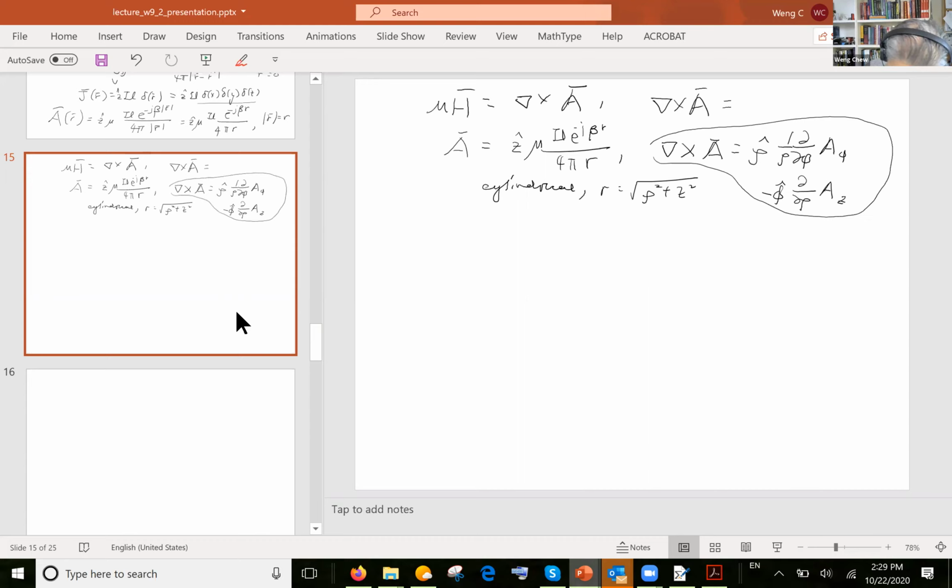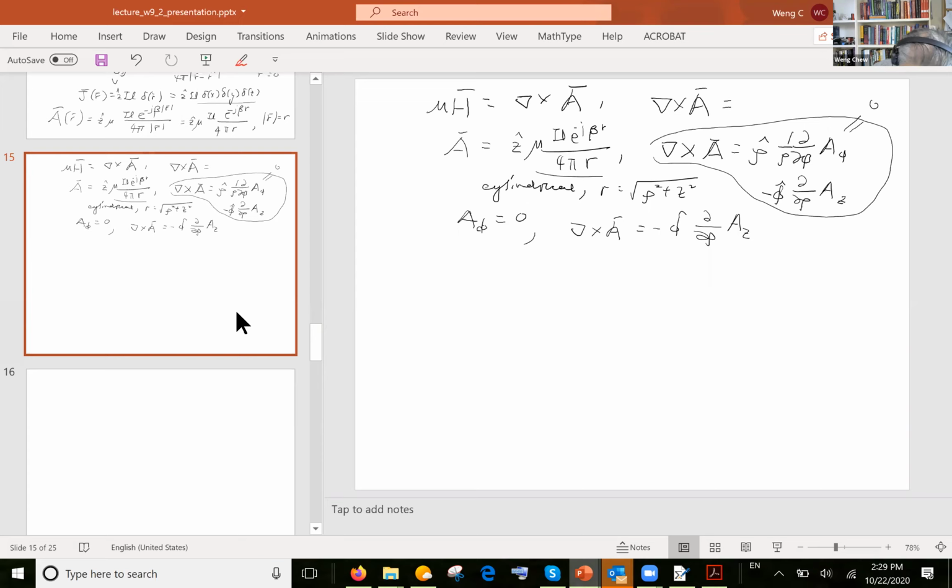And then A phi is equal to 0 because this vector potential does not have A phi, so this term goes away. And then we have the curl of A is minus phi hat partial rho A z. The A z is given by this, and then you can work that out.